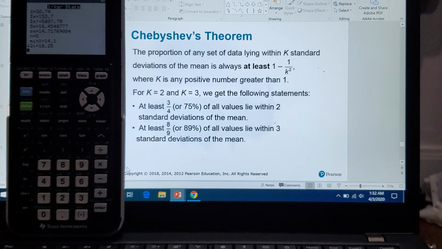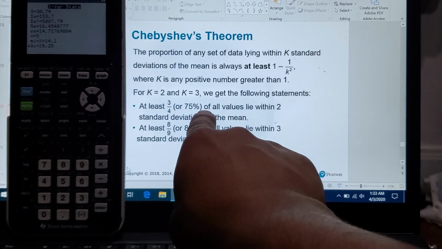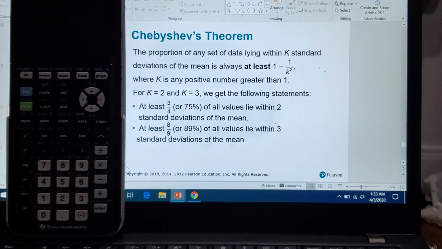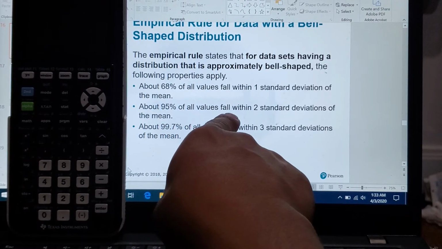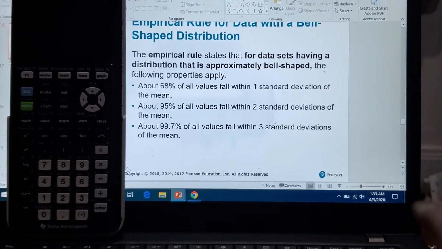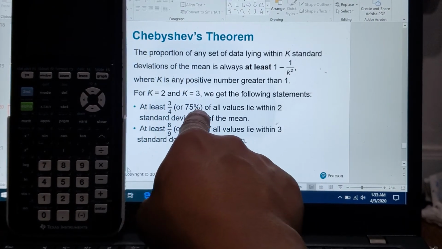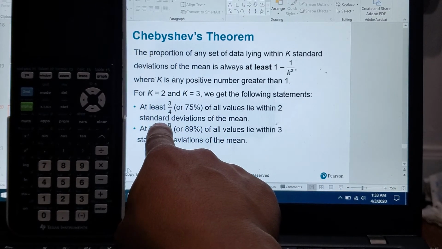So for Chebyshev's theorem, it's at least 75% of all values lie within 2 standard deviations. Here, about 95% of all values are within 2 standard deviations of the mean. This is at least 75% of all values.